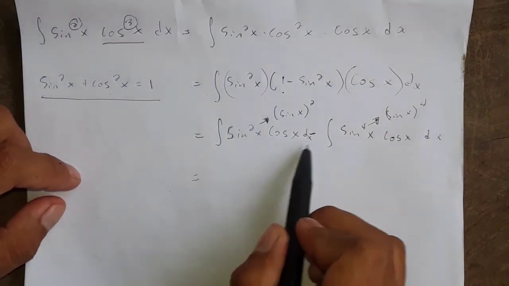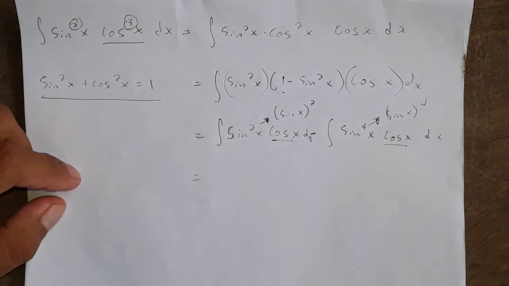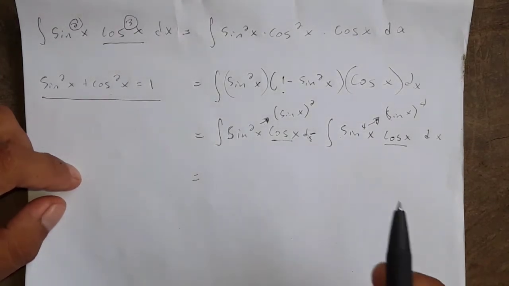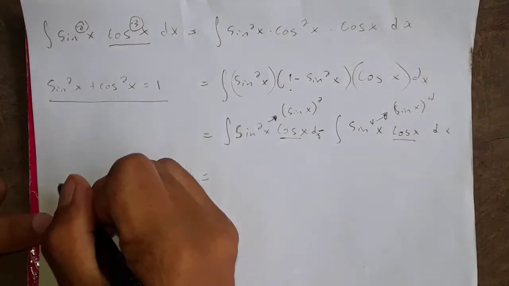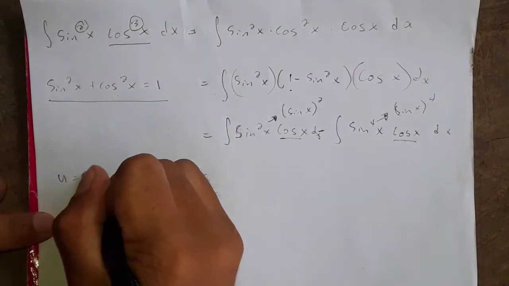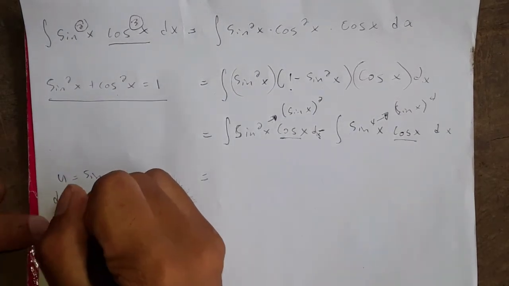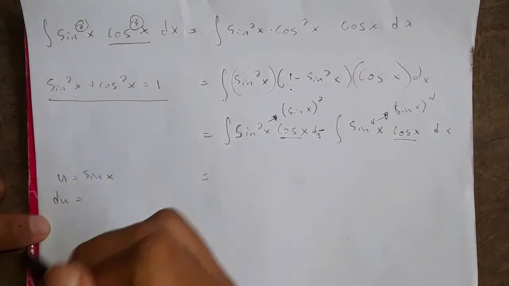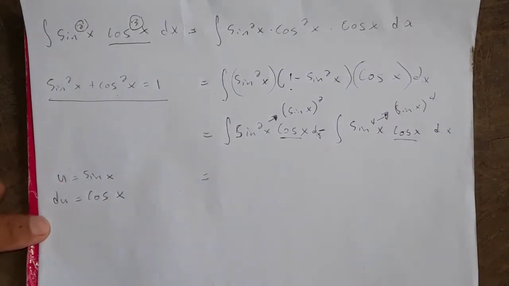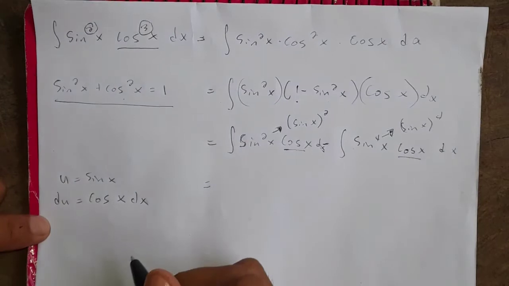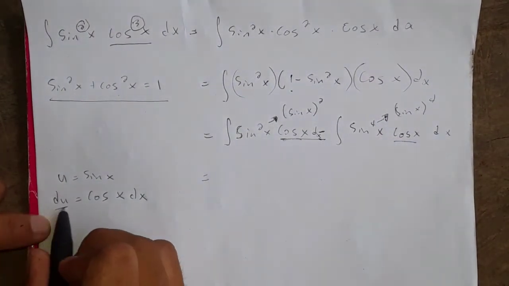In order to cancel this function, we represent our sine x as our u because it has the higher exponent. So here our u is equal to sine x. By finding the derivative, we have du equal to cosine of x dx. So our cosine of x dx is equal to du.